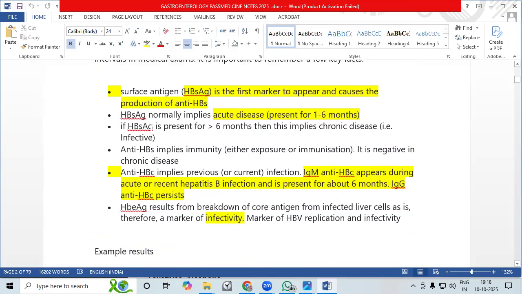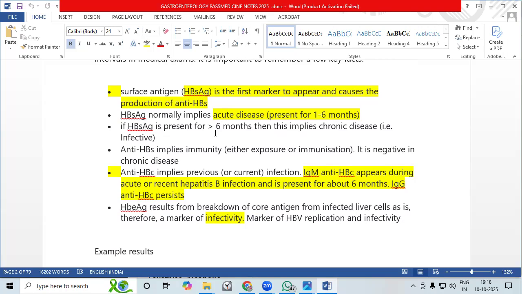Meaning, at first point, when we are checking the HBs antigen, we do not know whether this is acute or chronic. We need some baseline. We need a day one. Say January 1, we have checked HBs antigen, and after 6 months, that is in June, we are checking again, and it is still present. Then it will be defined.